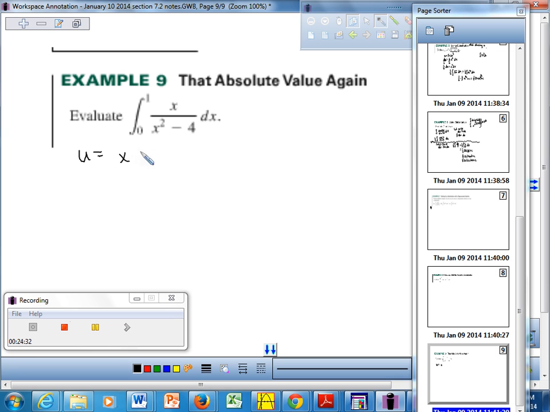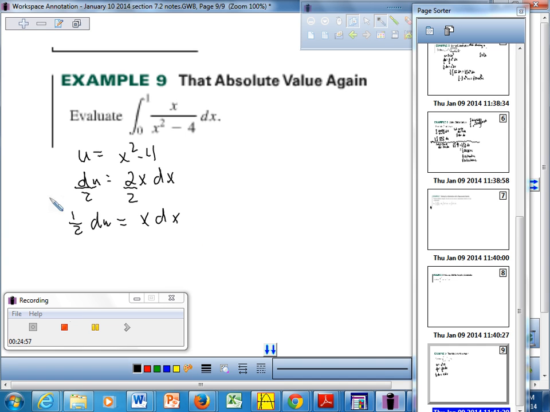x squared minus 4. And du is 2x dx. All right, do I have a 2x up here? Nope. So what should I do? Divide by 2. So 1/2 du equals x dx.